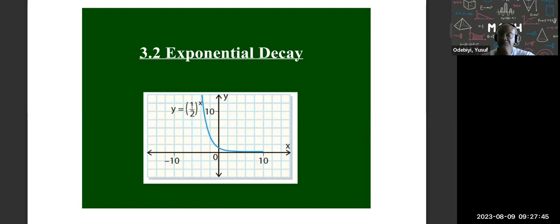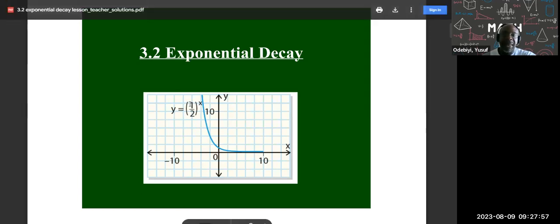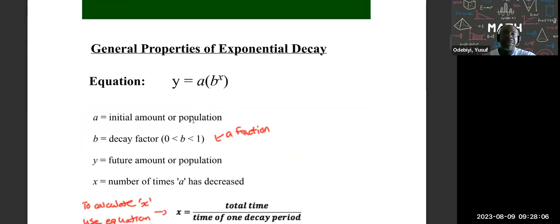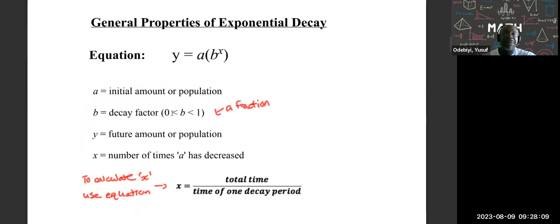When we're talking about the growth factor and the growth rate, the stuff inside the bracket was greater than 1. In exponential decay, the number inside the bracket is less than 1. So in this case, it's a fraction, or it could be a decimal, but it's always less than 1. Okay. So you can see here, decay is less than 1. It's a fraction or even a decimal number. Everything else stays the same. The total time versus the time it takes for 1 decay.